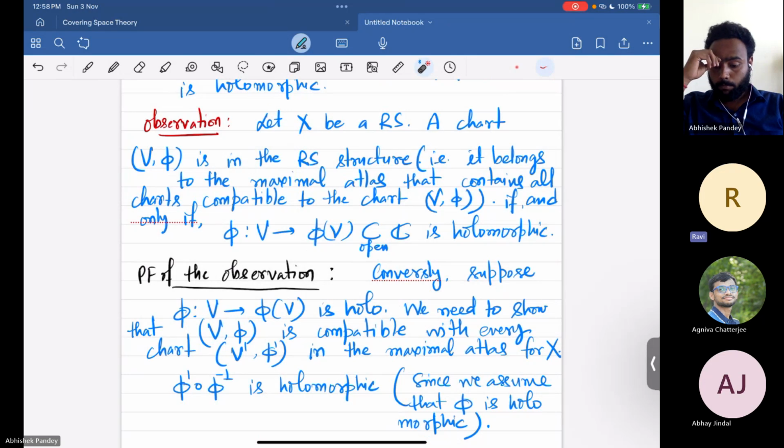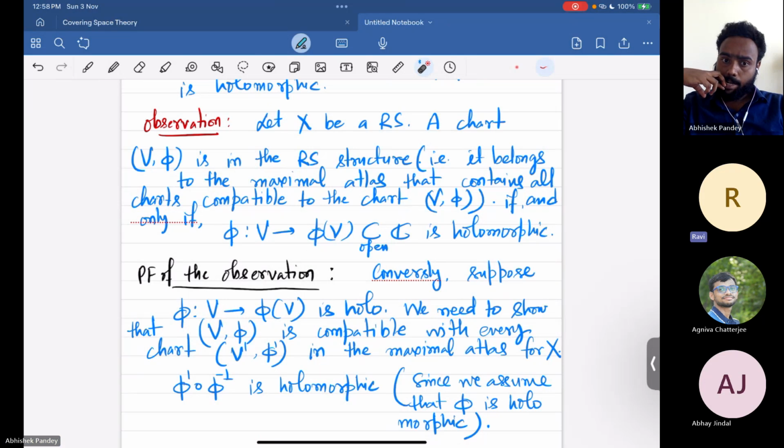Means for any chart or some chart? Because B is some Riemann surface. V is an open set in X. So B is some Riemann surface means it is holomorphic.